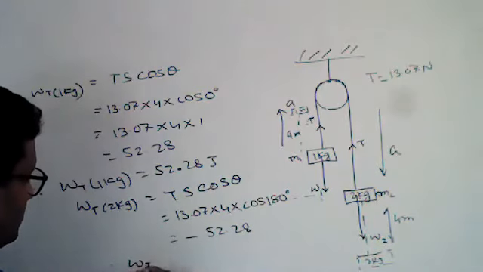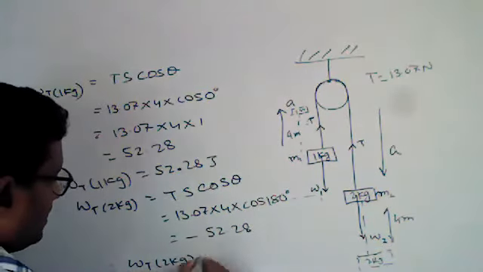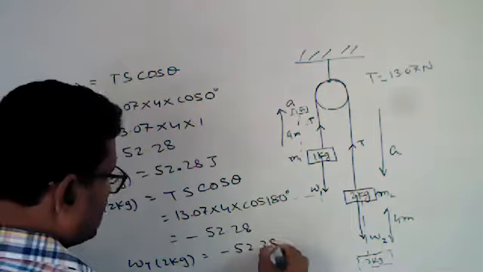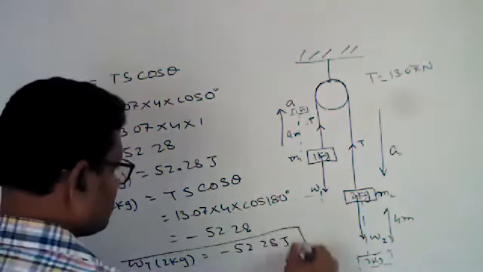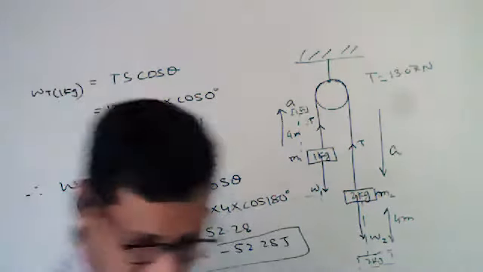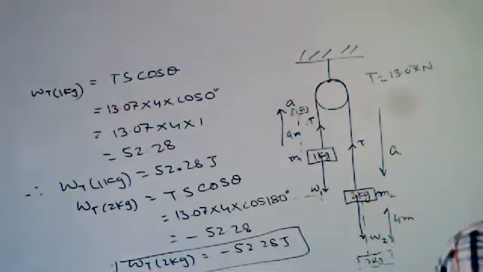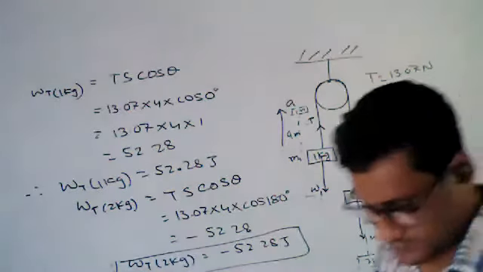So W on 2 kilogram will be minus 52.28 joule. Understand? Yes, sir.